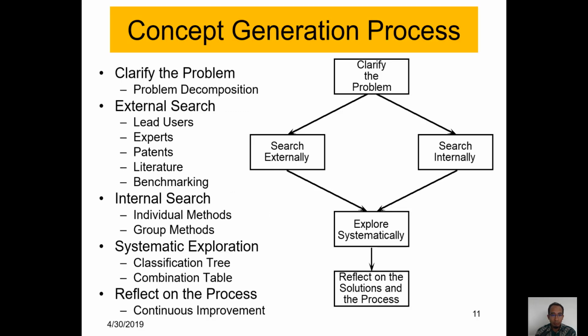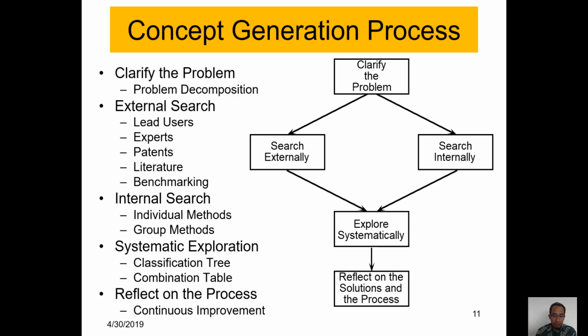In the concept generation process, we have problem decomposition in clarifying the problem, and then in the external search we will deal with lead users, experts, patents, literature, and benchmarking. In the internal search, we have individual methods and group methods.